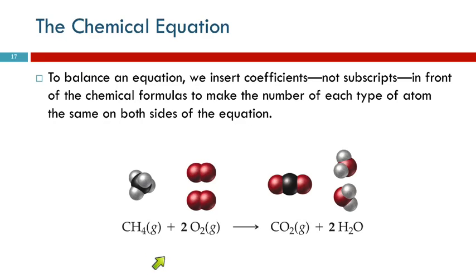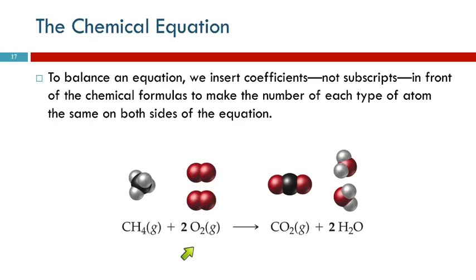To balance this, we put a coefficient, a number in front of the oxygen, because we need 2 oxygens. We can't say we need half of an oxygen molecule, because you can't have half of a molecule. We can only add more of them. So we put a 2 in here, and we also can't change the formula.